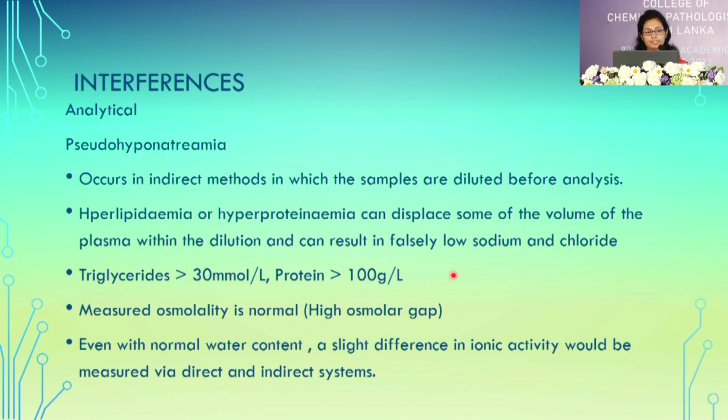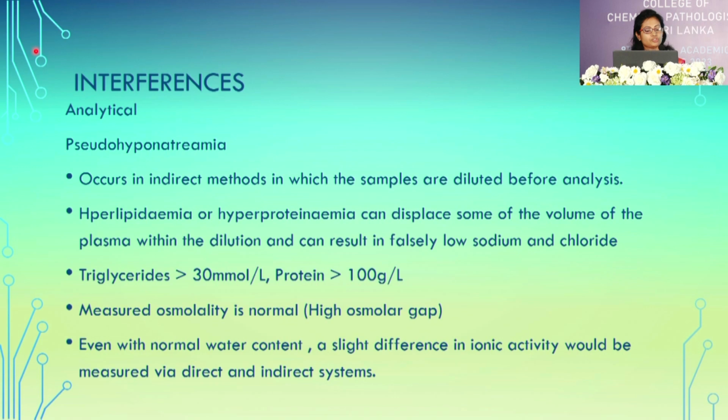Analytical interferences include pseudohyponatremia. So this occurs in the indirect method because there is sample dilution. So this can be seen when the serum samples have high concentrations of lipids or proteins. So they displace some of the volume of the plasma within the dilution and can result in falsely low sodium and chloride.